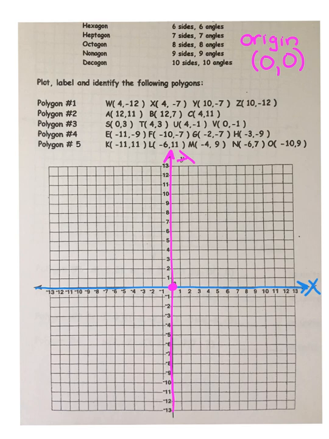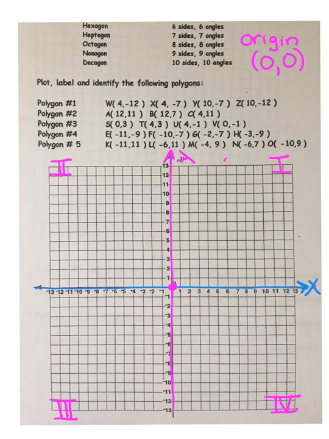Let's name our quadrants. Using a Roman numeral, this is quadrant 1, quadrant 2, moving counterclockwise, quadrant 3, and finally quadrant 4.